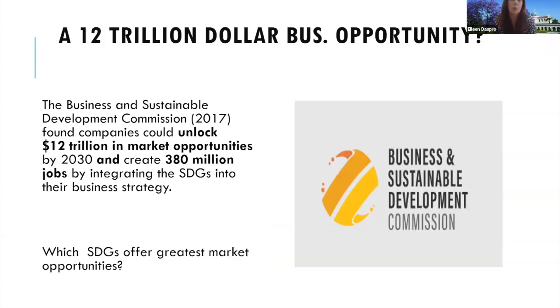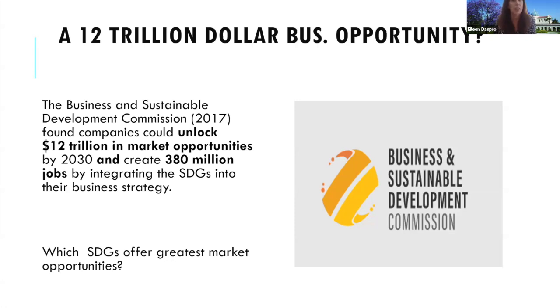When these were first articulated back in 2016, there was actually some research done by the Business and Sustainable Development Commission that tried to quantify this, to get the private sector and the business community on board and say, listen, talking about shared value, what is the economic value? What is the financial value that the SDGs, that sustainability initiatives, could represent for your firms?